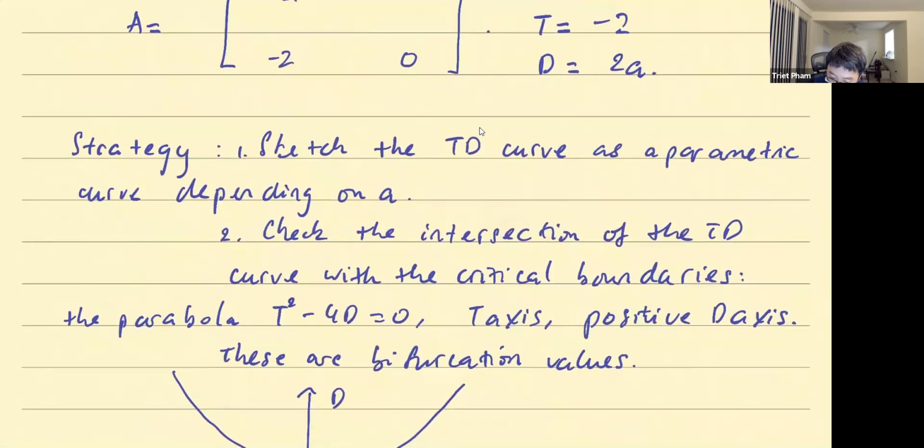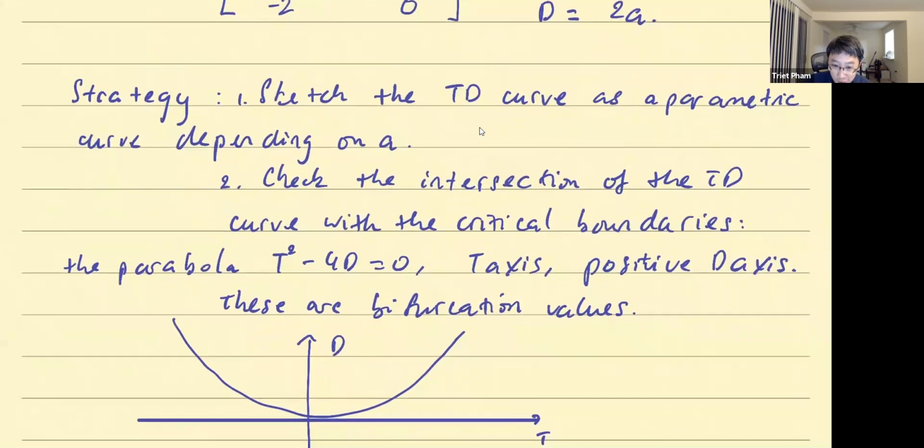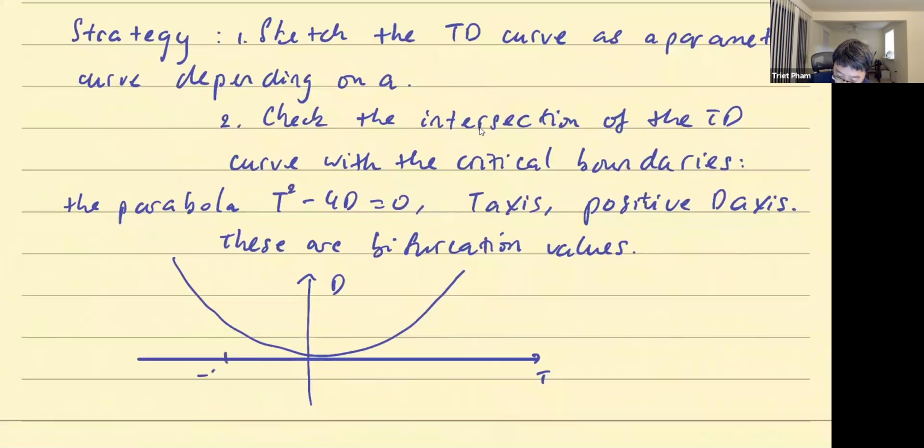What's the TD curve for this guy? It may be too simple to observe, but it's just a straight line t equal to -2, nothing more. But of course, as A goes, you travel along this because D equals 2A.